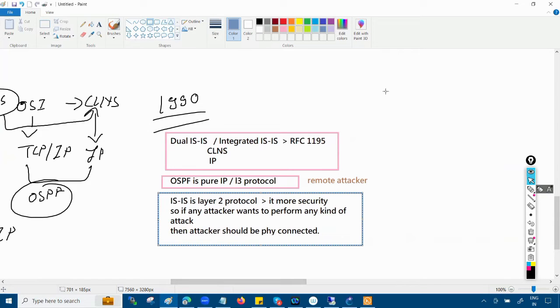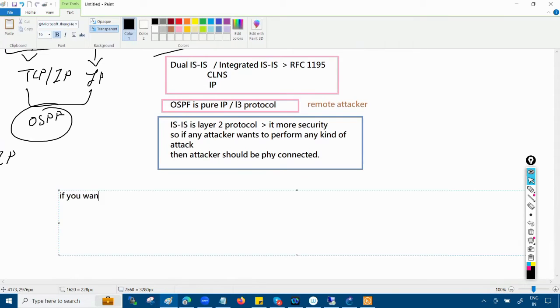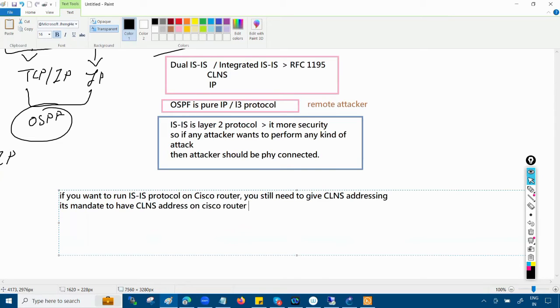Now, do you know one thing? Still, if you want to run the ISS protocol on a Cisco router, you still need to give CLNS addressing. It means that it's mandatory.